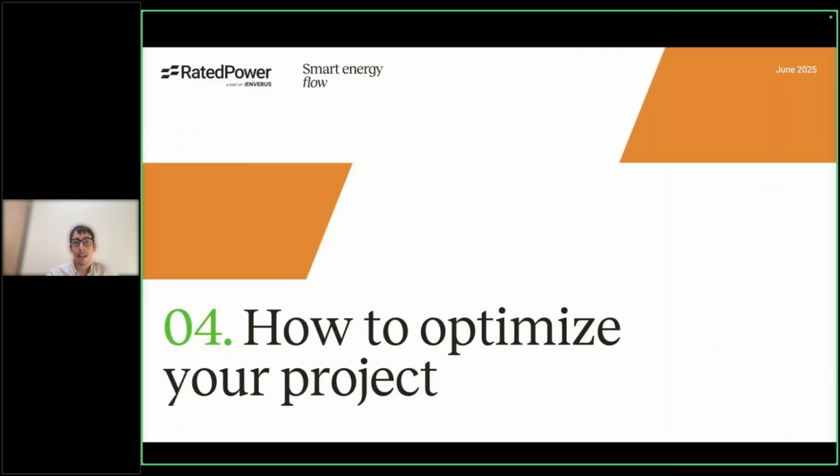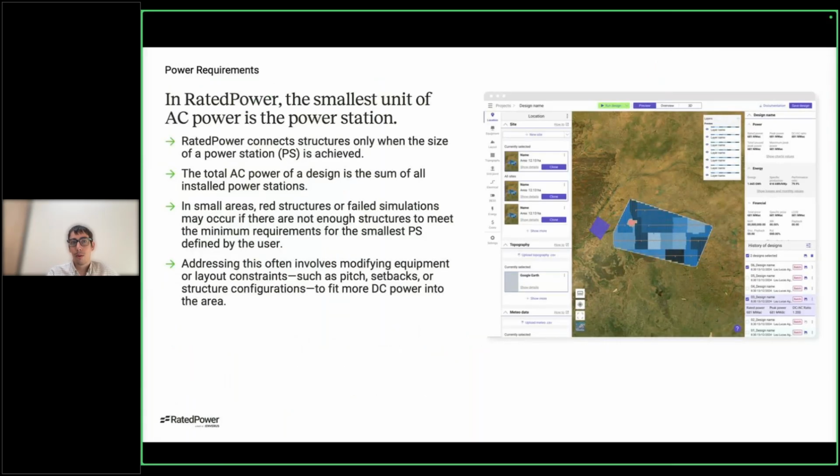And this is exactly what we're going to be reviewing in this second half of the webinar: how to optimize your project. As I was referring, in RatedPower the smallest unit of AC power is the power station. Basically, the tool will only connect the structures when the size of a power station is achieved.